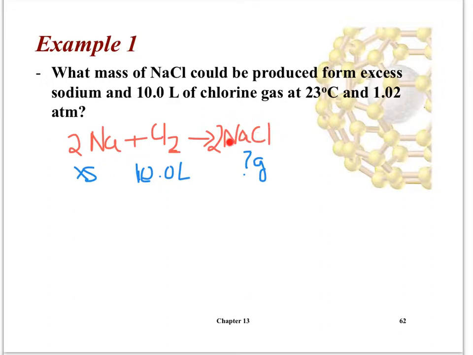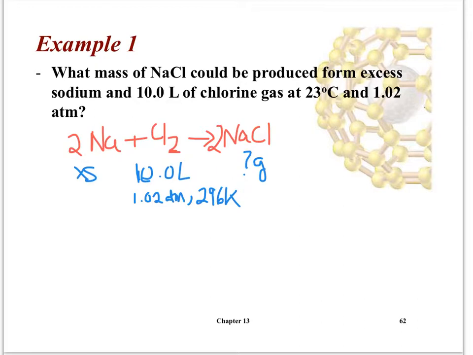My NaCl is an ionic substance, and so that means it's a solid at room temperature as well. So my only gas is the chlorine. So only chlorine is affected by that temperature and pressure. So I'm going to write them down under the chlorine. So 1.02 atm. And then my temperature, 23 Celsius, I'm going to convert that to Kelvin right away. So 296 Kelvin.